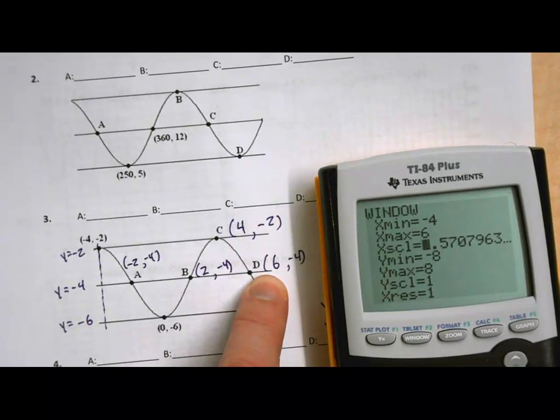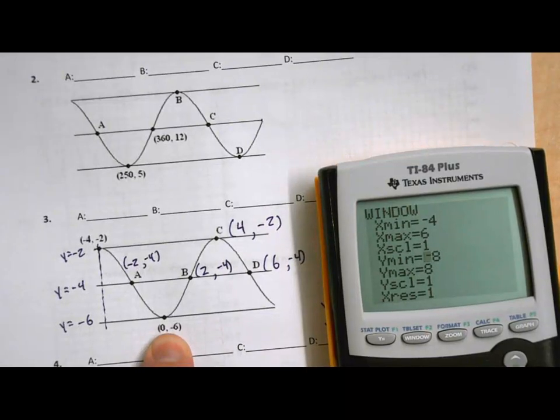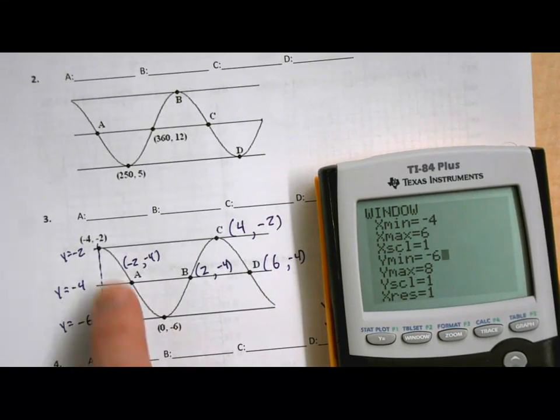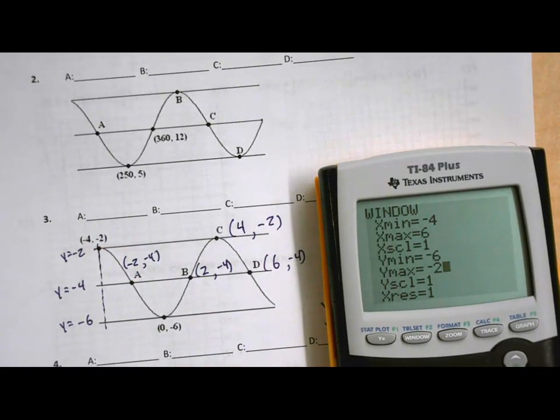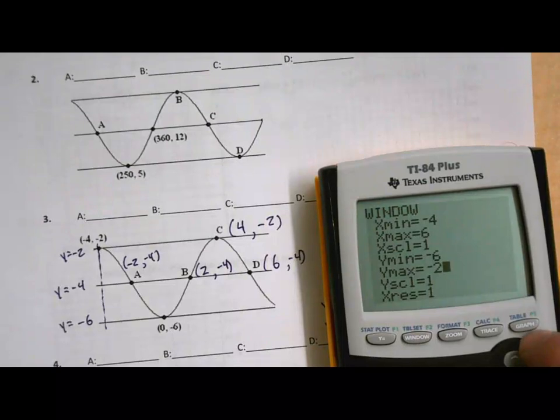X-scale seems like 1 would be a good fit there. And in the y direction, the lowest point has a y coordinate of -6, and the highest point has a y coordinate of -2. So I'm just going based off of the points that I see on my graph.